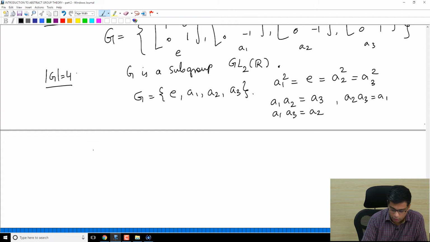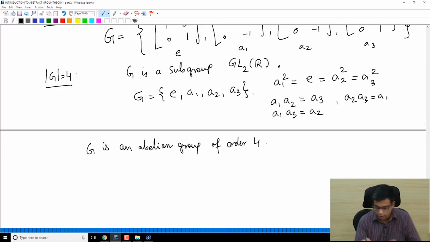So G is a group of order 4. So G is an abelian group, of course. And in fact, we have seen in a previous video that any group of order 5 or less is abelian. So this is certainly abelian, and you can see that from, I should have written this, that is same as A3 A1.